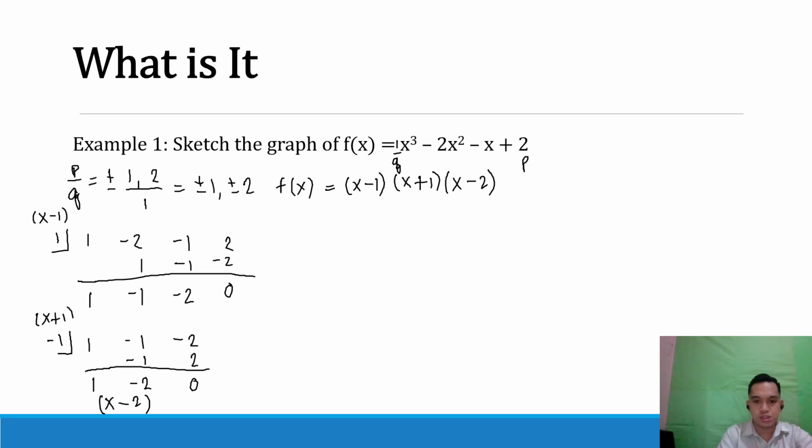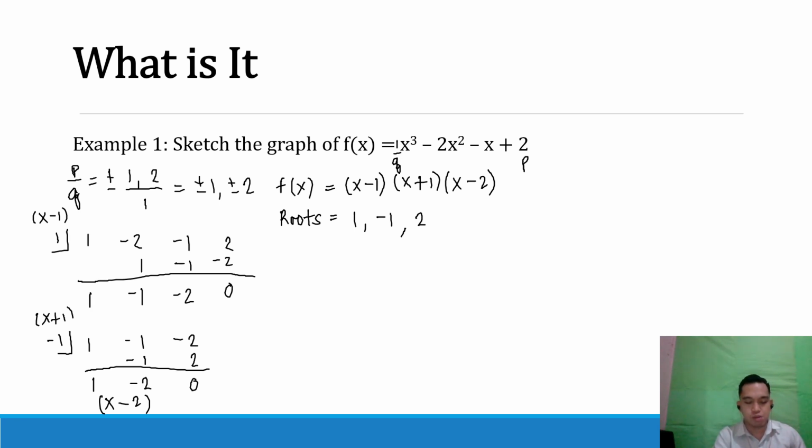And the roots, which are our x-intercepts, class, are positive 1, negative 1, and positive 2.